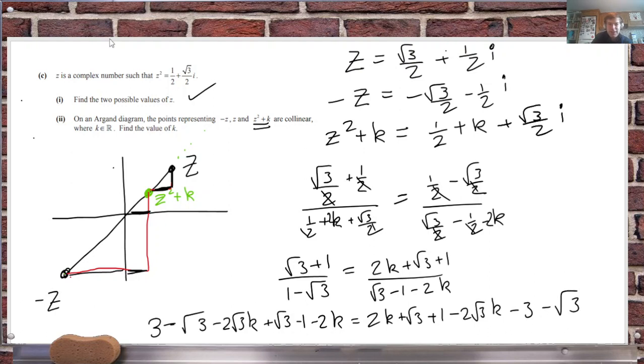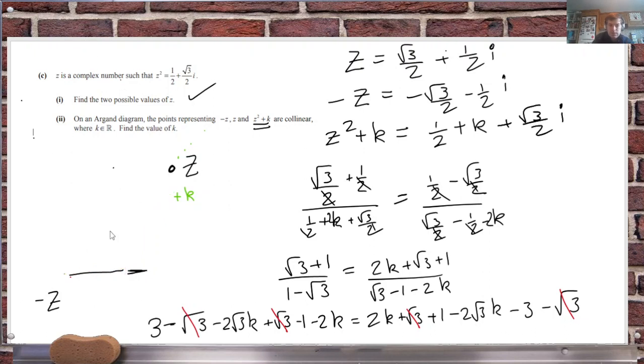Let's do some cancelling. That cancels with that. That cancels with that. What am I left with now? So on the left, 3 minus 1 is 2.